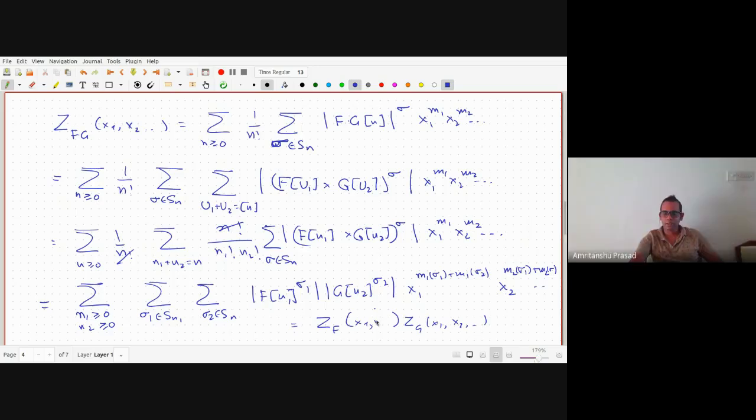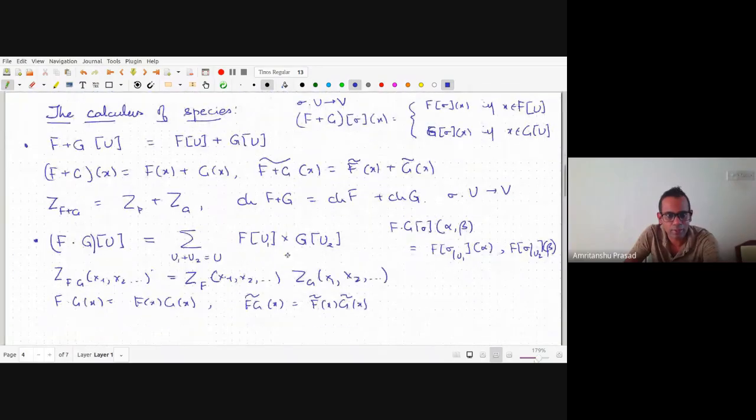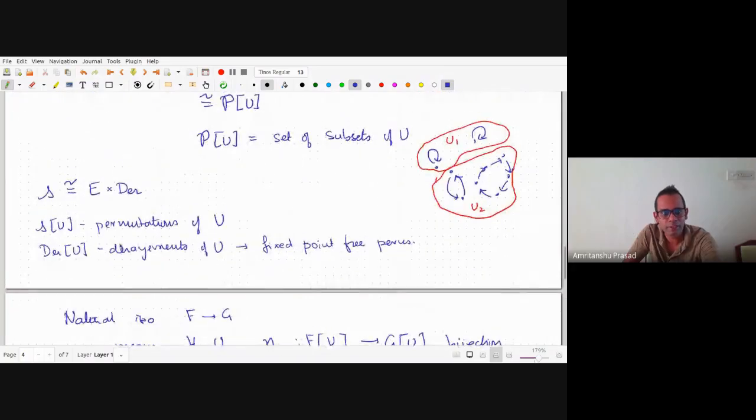So that's it. Once you prove this, all the others will follow. But I think it's nice to try to prove this directly, that the generating function of F·G is f(x) g(x), because it just shows how exponential generating functions work. So these are the two elementary operations. And now you get something very interesting with this example. Let's look at this example again.